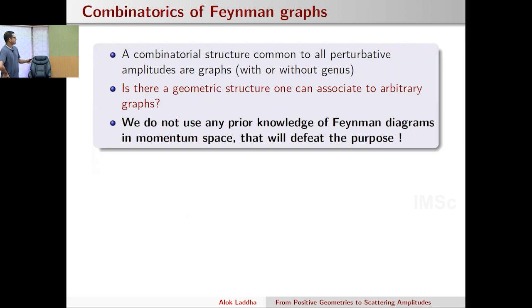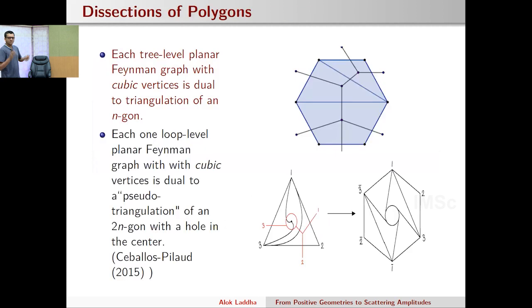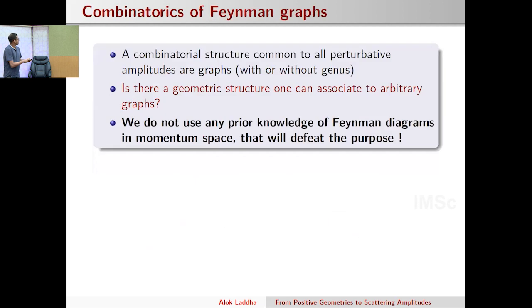And so, okay, we have to start somewhere. Let's say that, whichever representation of the S matrix we work with, there is some combinatorial structure which is common to all of them, which is basically graphs. If you keep the Feynman expansion in mind, and you are working with tree-level amplitudes, then you have graphs without any genus.